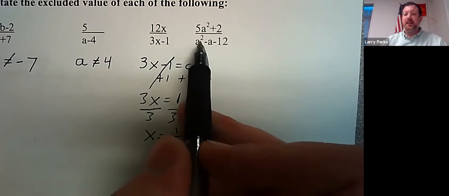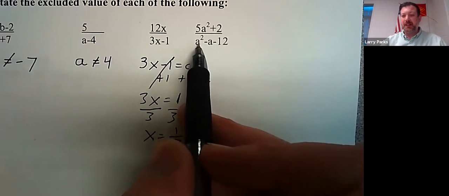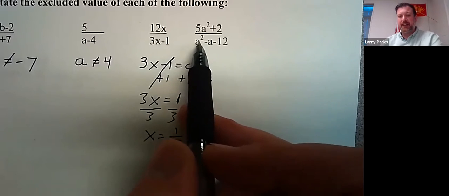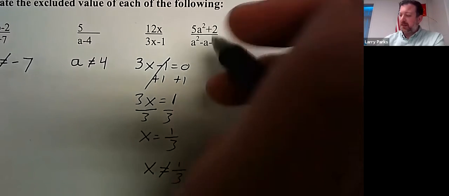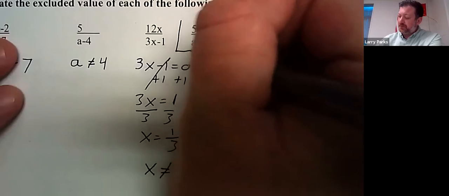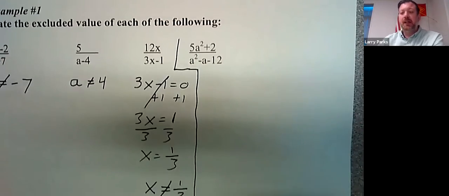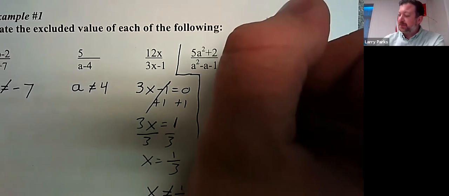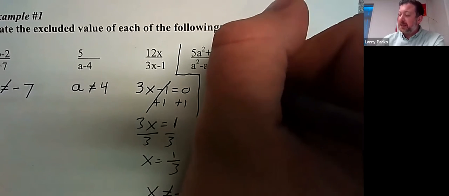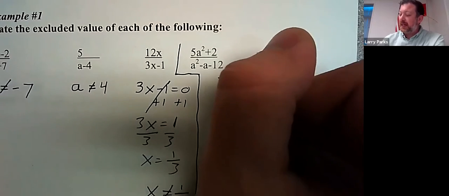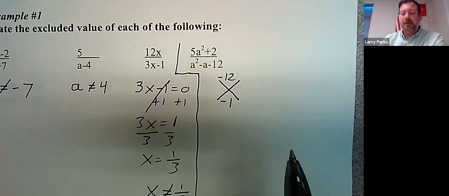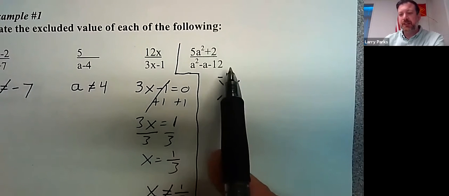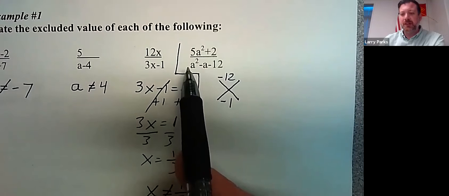Here, there's probably 2 numbers that make this 0 because it's a quadratic. So remember, we learned, and you're going to have to remember how to factor. So what multiplies to -12 and adds to -1? Remember, we do that process when there's 3 terms and the first number is a 1.